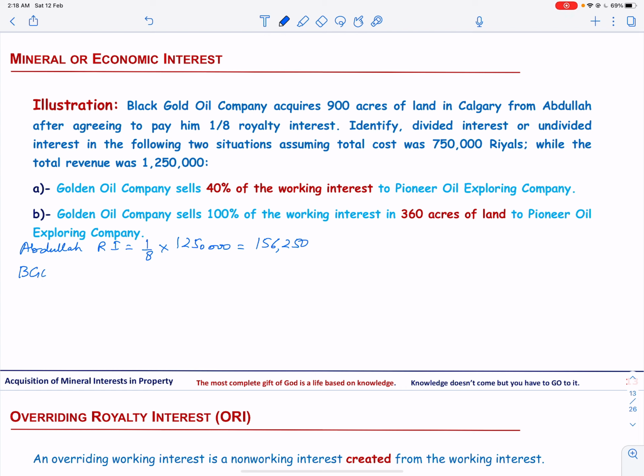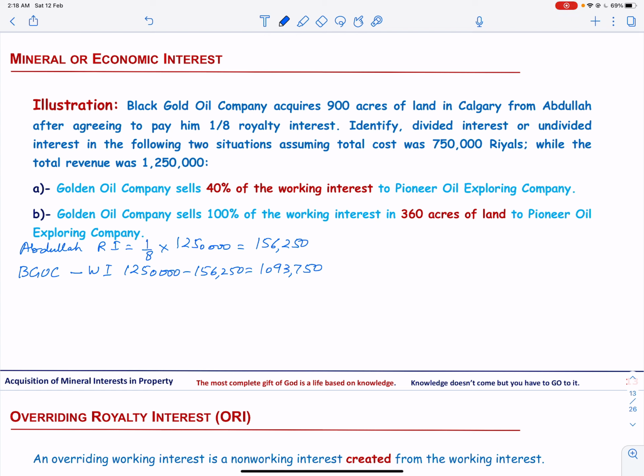Black Gold Oil Company will be having the 100% working interest, and this is equal to 1,250,000 minus the royalty paid to Abdullah, that is equal to 1,093,750.